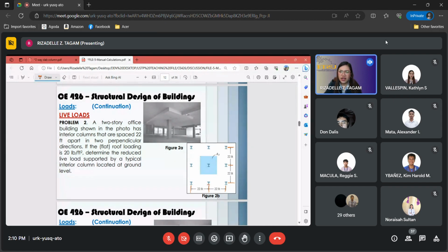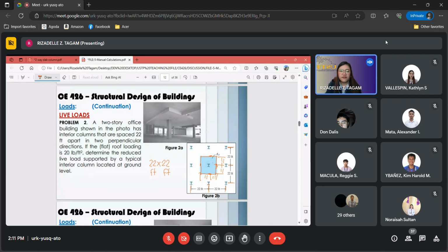So, ang iyang tributary area is unsa man? Half diri, half dira, half sa 22 is 11. And this is 11. So, atong tributary area is 22 times 22 feet. Muna atong tributary area for column.